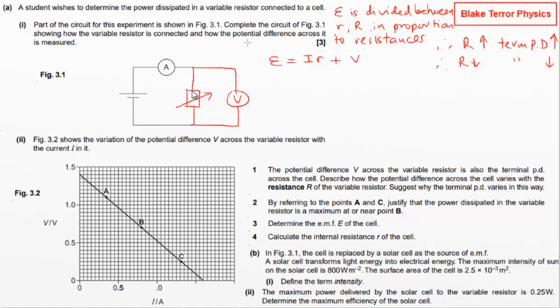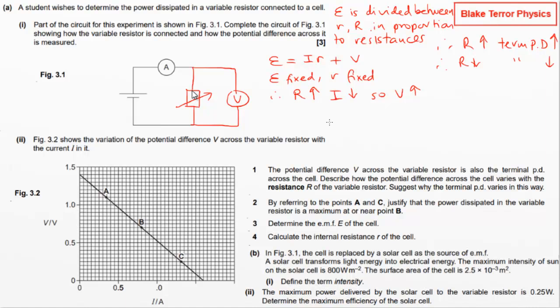And we've got that E is fixed and so is little r. They're both fixed. So we can say, therefore, as R goes up, I will go down, because if you increase the resistance, the current will drop. So V must go up according to that equation.